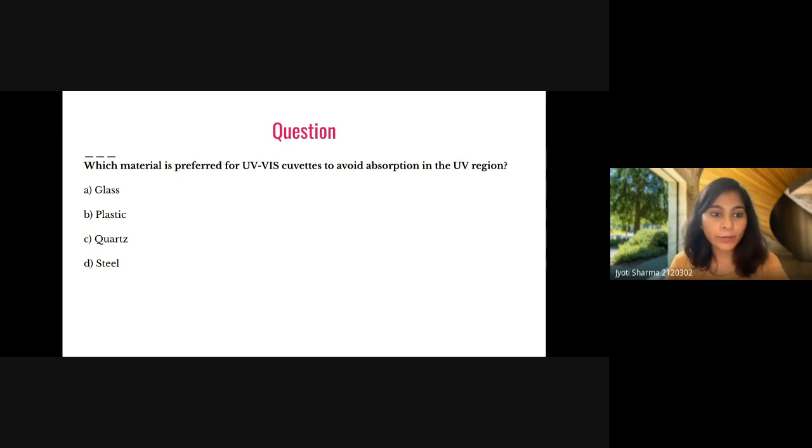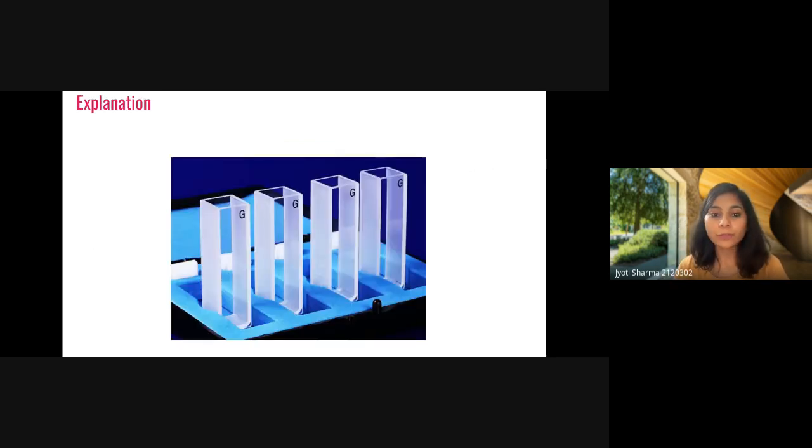Priscilla and Venkateshwara gave me C answer, that is quartz. Yes, so we are using the material quartz for cuvette formation. Such a cuvette, you must have seen in the spectrophotometer in your labs. We have a little cuvette, and that cuvette is made up of quartz, and these are very expensive.